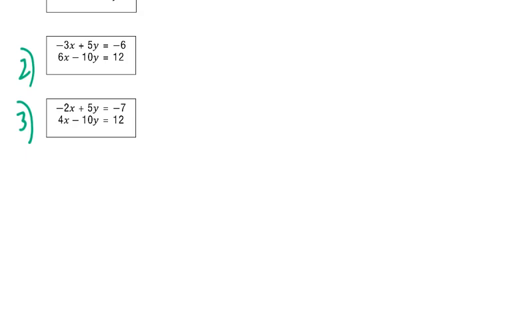Since it's already standard form, I just want to use elimination. The first equation I multiply by 2. Then the second equation, I will get 6, so it doesn't matter. So I will go negative 6x plus 10y equals negative 12.